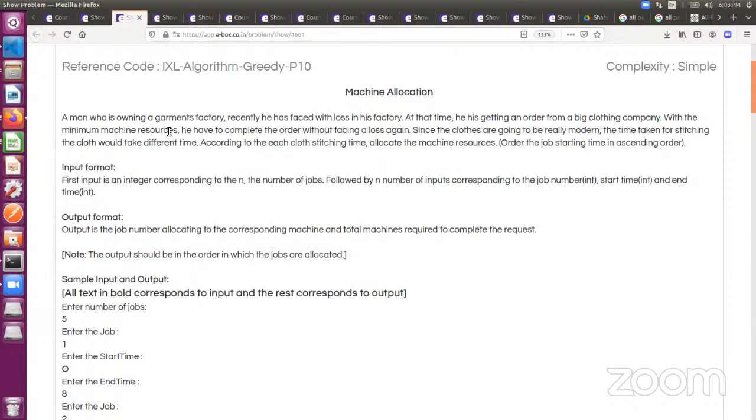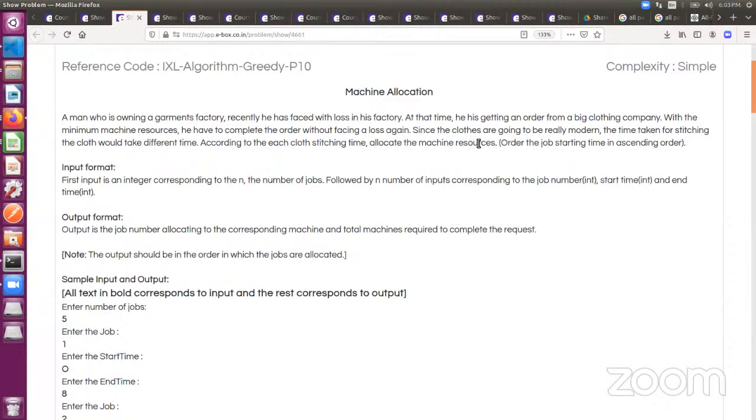A man who owns a garment factory has recently faced a loss in his factory. At that time, he gets an order from a big clothing company. With the minimum number of machine resources, he has to complete the order without facing any loss again.